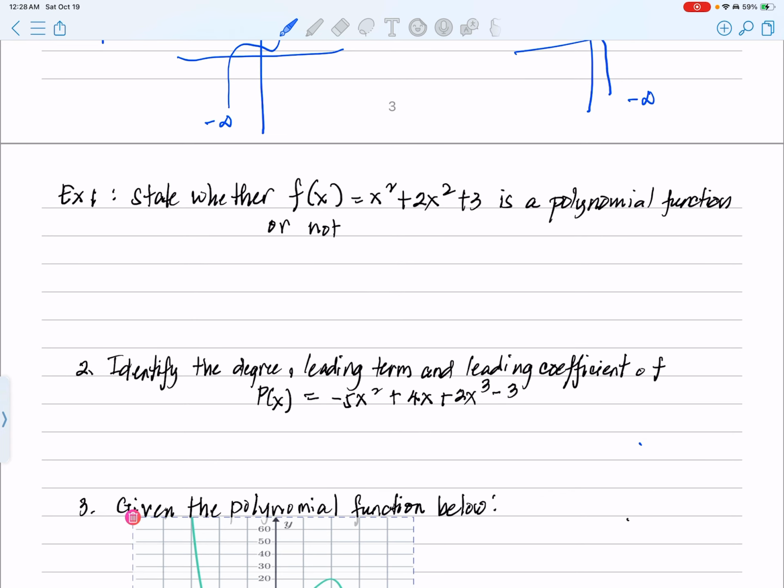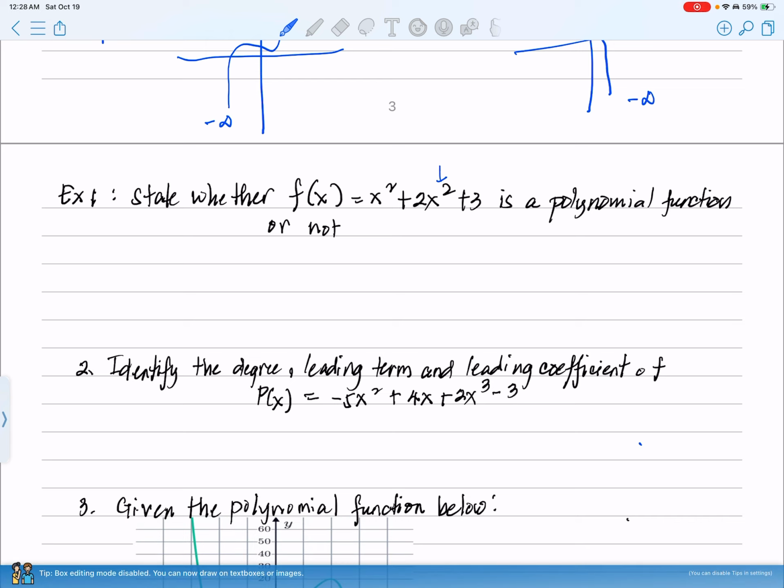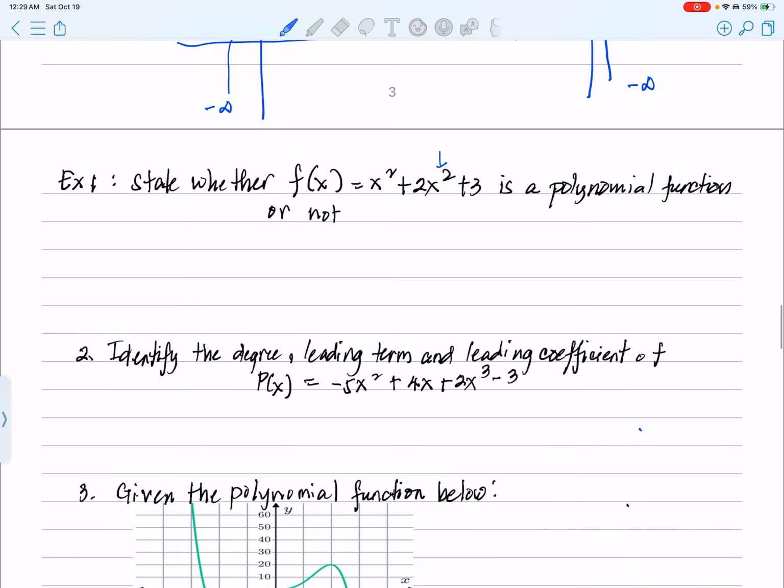Okay, let's do this. Example 1. State whether the function f of x equals x squared plus 2x to the power of 1/2 plus 3 is a polynomial function or not.